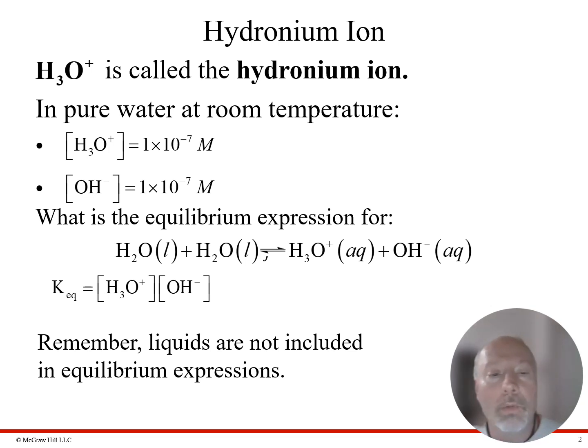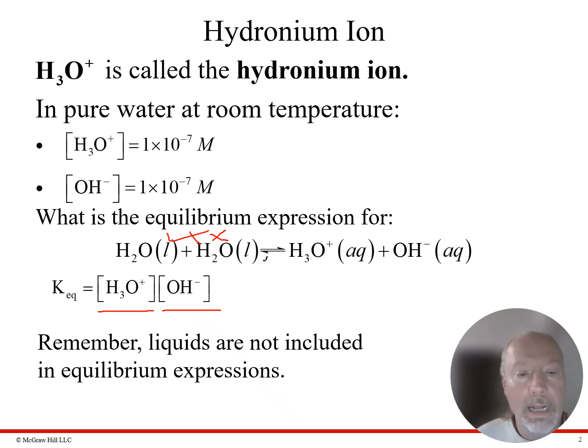Indeed. And so we can come up with an equilibrium constant for this, because remember, we cannot use the concentrations of water in an equilibrium constant. And this is exactly why we don't put those numbers in here. And we just get Keq equals hydronium cation concentration times the hydroxide anion concentration.